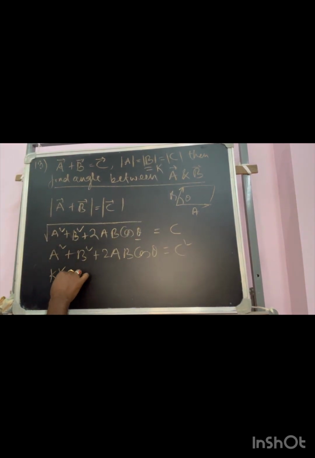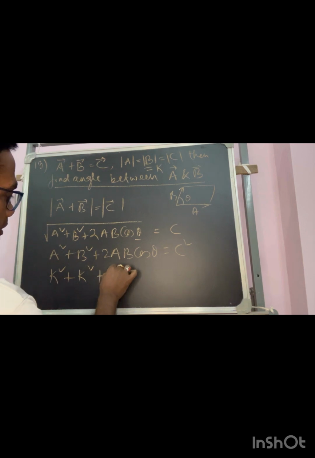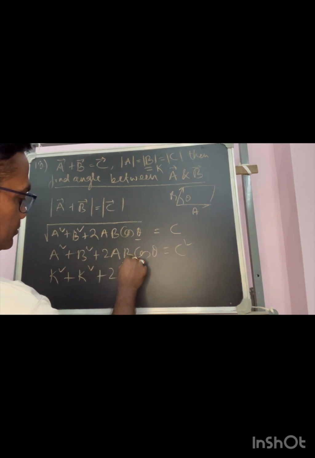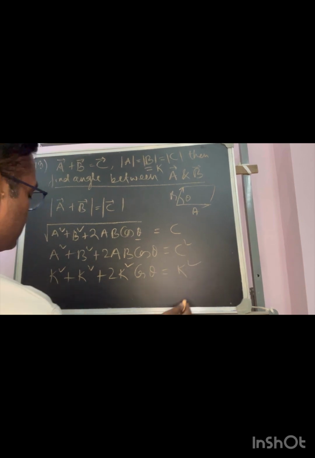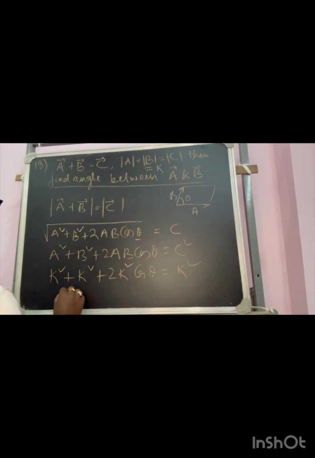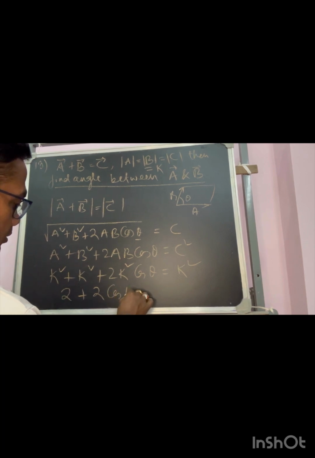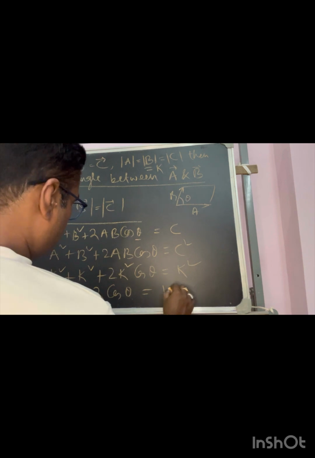So this will be K square plus K square plus 2K square cos theta is equal to K square. So eliminating all K square, it will become 2 plus 2 cos theta is equal to 1.